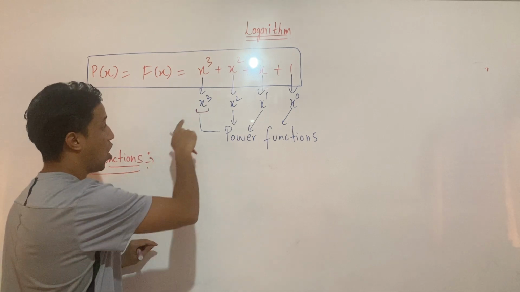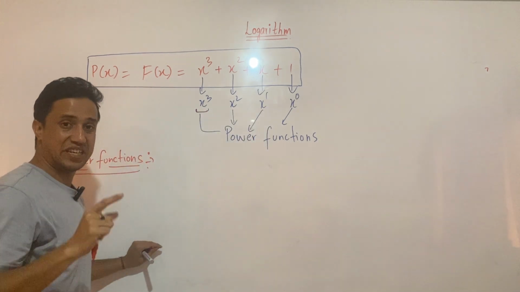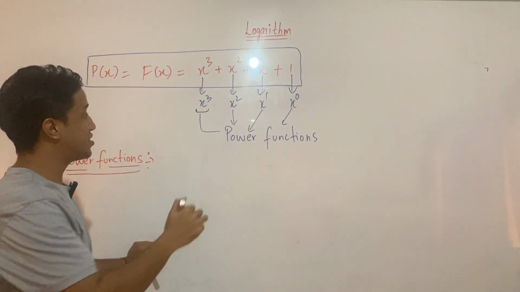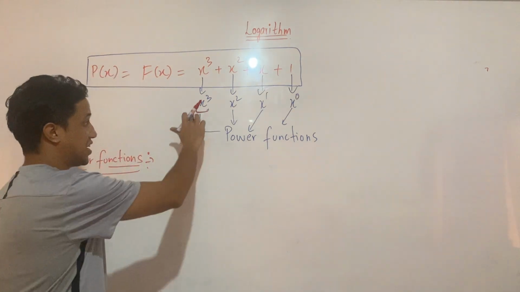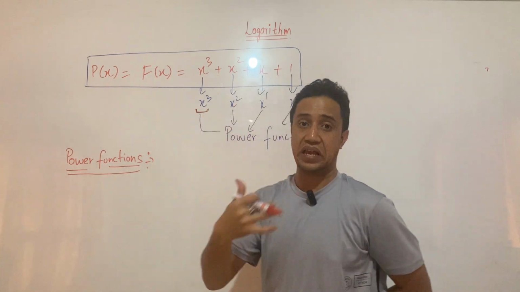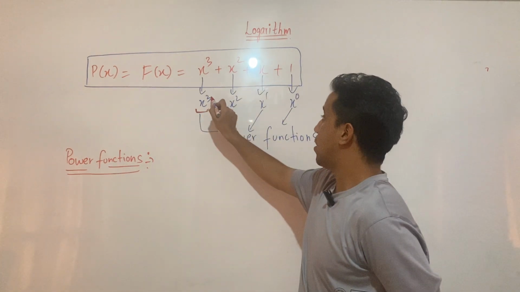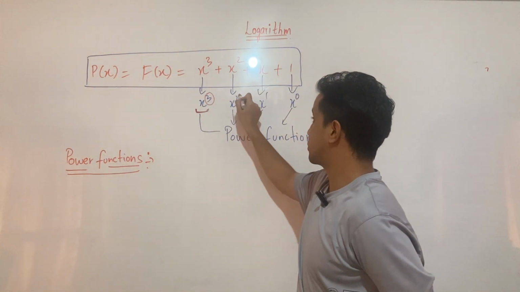If you look at all the terms individually, you will see that our base is variable, meaning that the base is changing and the power remains constant.